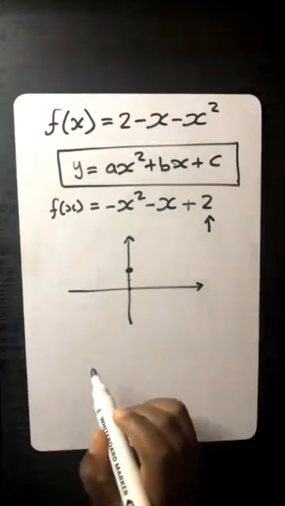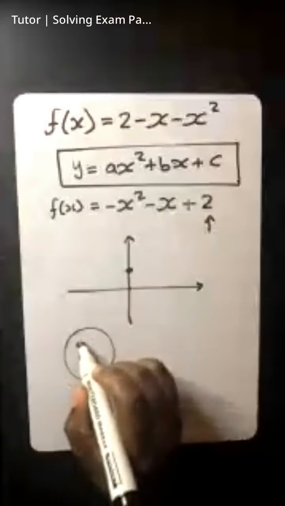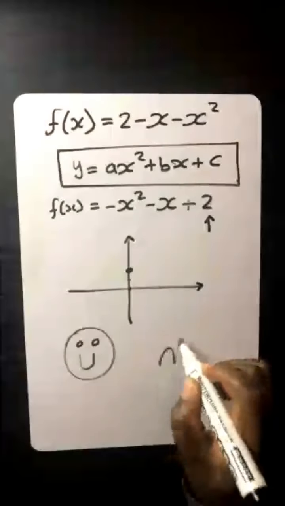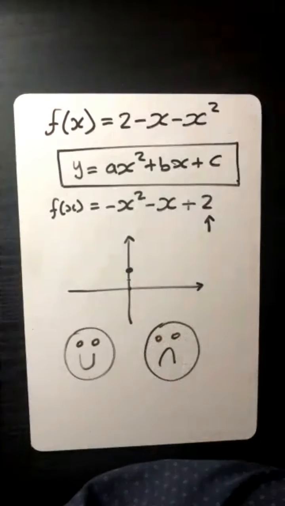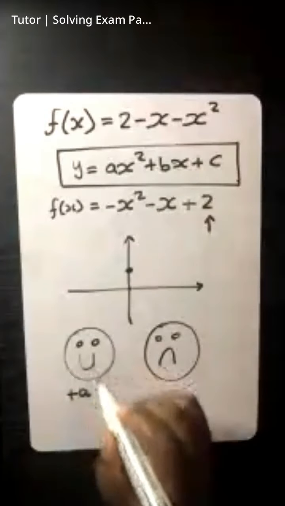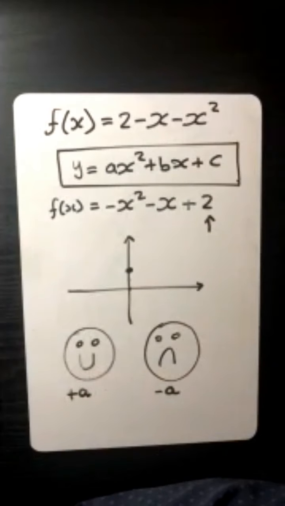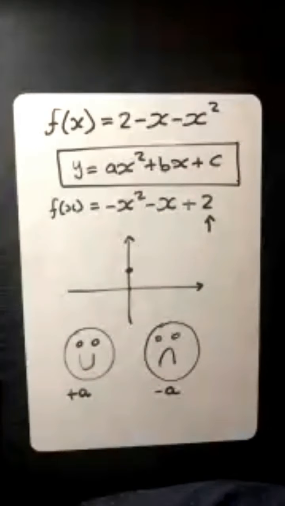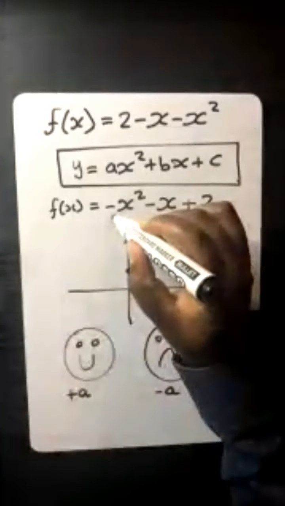And again, in terms of a, are we going to have a smiling shape or a sad shape? If you remember, based on yesterday's lessons, if our a value is positive, we are going to have a smiling shape. If our a value is negative, we are going to have a sad shape.